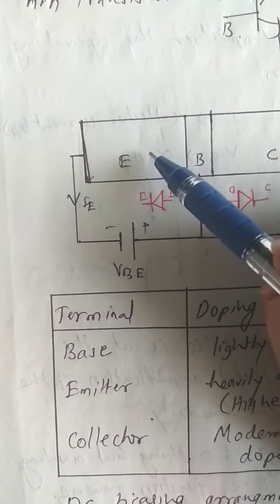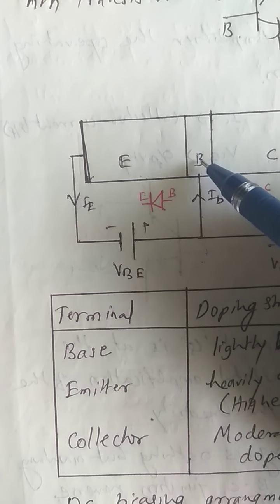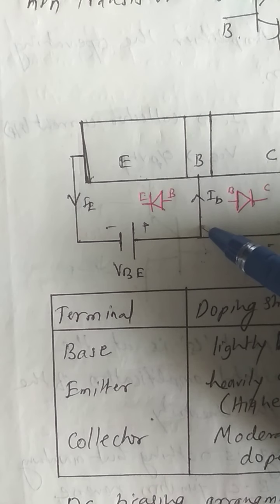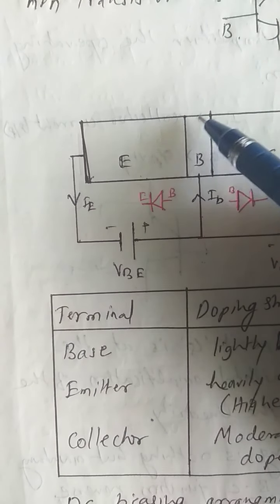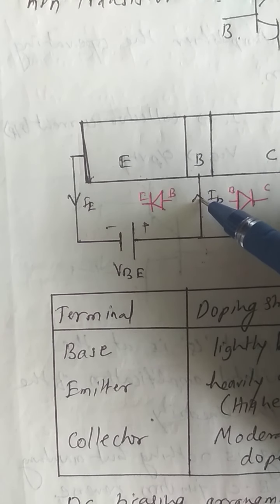So electrons are captured, or the recombination takes place, in the presence of only 10 holes, and this forms the base current. So the base current is formed due to the limited number of charge carriers here, and therefore the base current is very small.